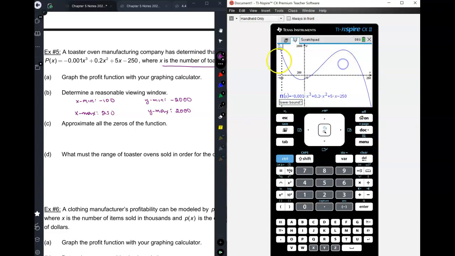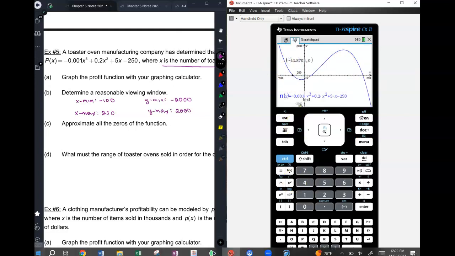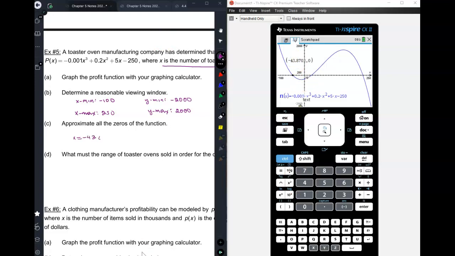So remember how to find zeros. I'll do the first one, and then you guys can go ahead and do the second one. So I have X equals negative 43.870. We're going to go to 3 decimal places. Go ahead and find the other 2.